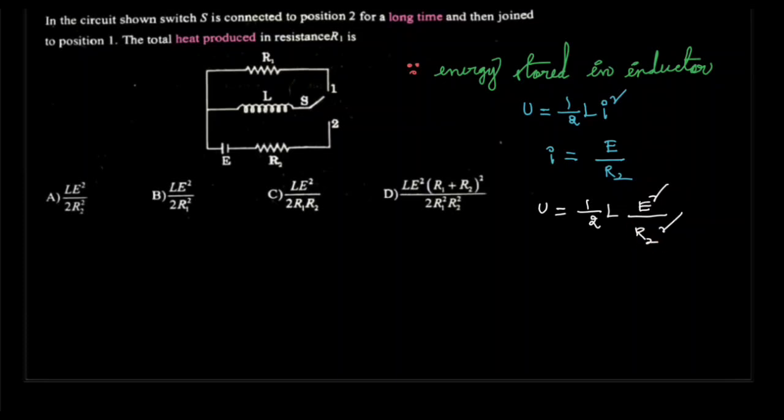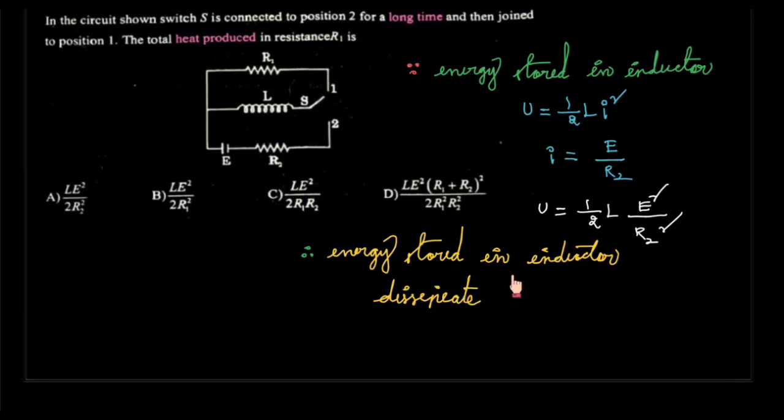So now the main logic is that when we leave this switch and connect to the other position, all the energy stored in the inductor will dissipate as heat in the resistor.